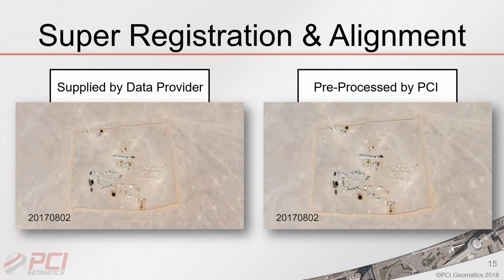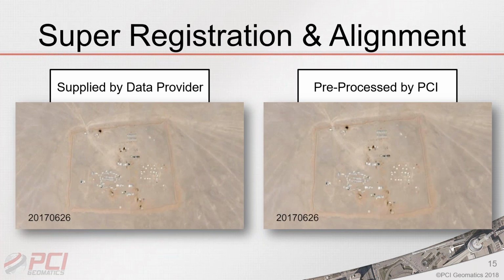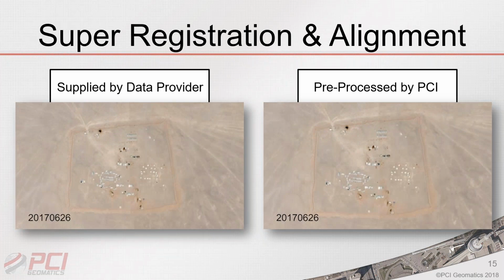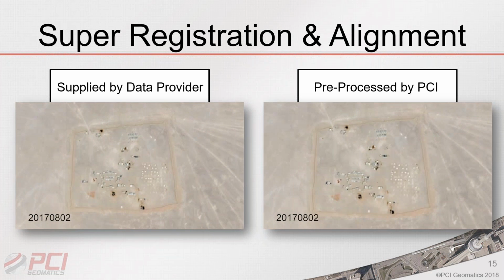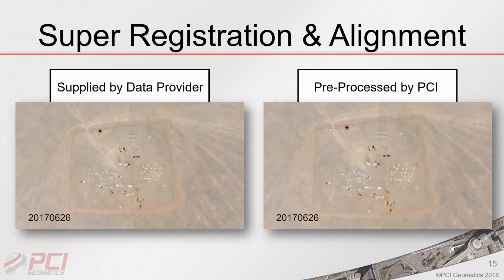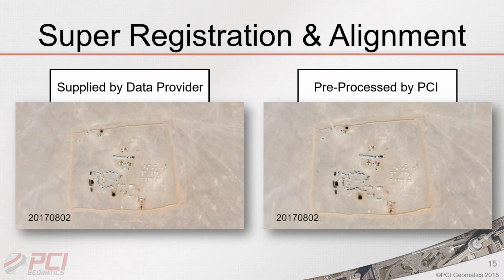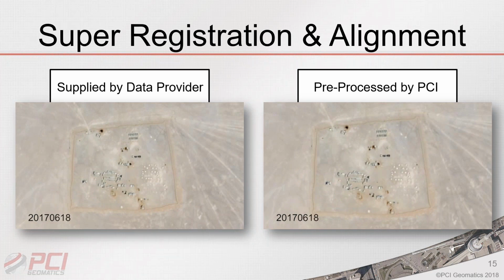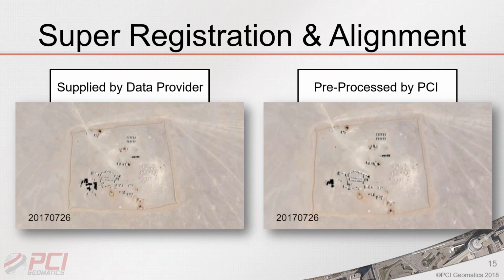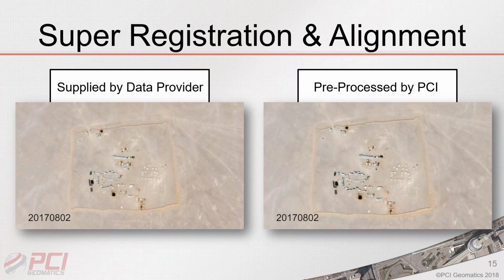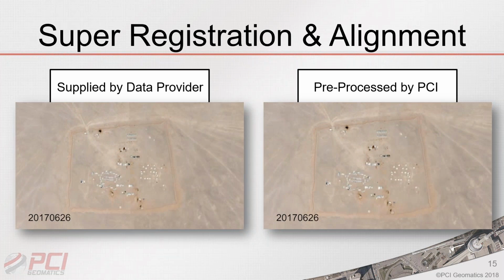You can see some of the roads shifting, the perimeter of this industrial facility shifting around. And on the right, what you see is the same data set that's been processed through PCI's technology to achieve that super registration, to get things down to 1/10 of a pixel accuracy, to be certain that when you're comparing these images and you're looking at changes over time, what you're seeing are real changes on the ground, not changes in the registration. So that's, of course, very important.